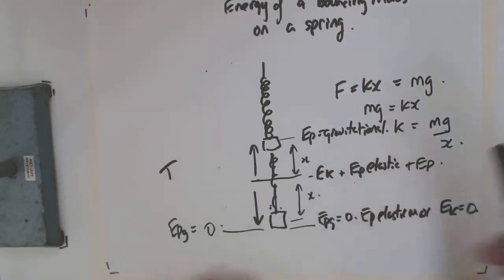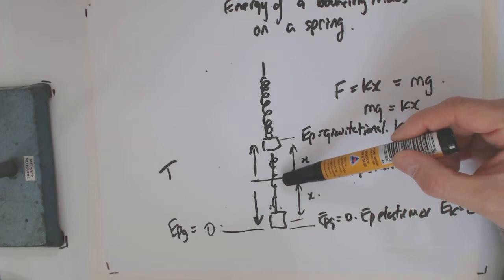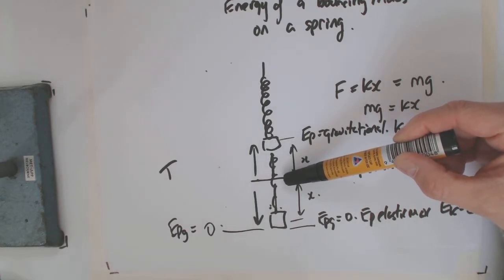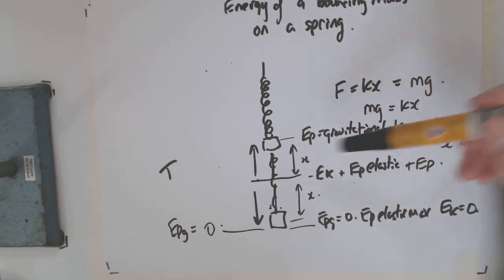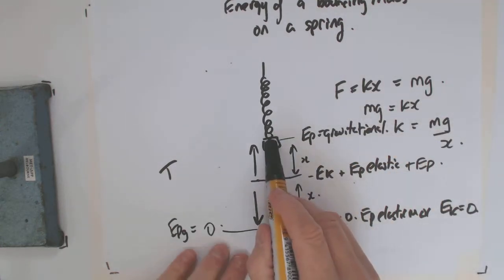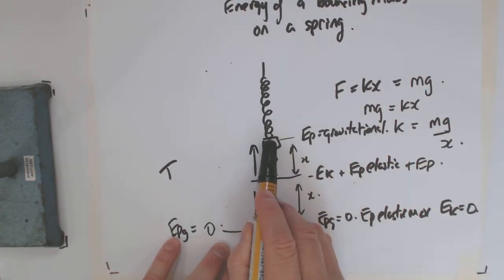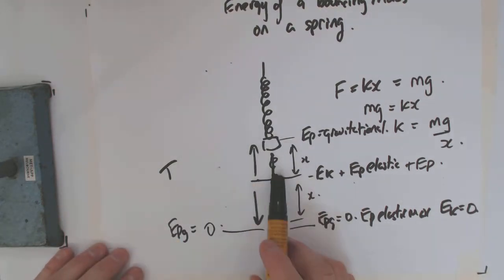What's really going on here is something to think about. At the point that the forces are balanced, the equilibrium point in the middle, where mg equals kx, the problem is that the gravitational potential energy is lost when it goes from this point to the midpoint. Now, the big issue is if all the gravitational potential had gone into the elastic, it would just stop.